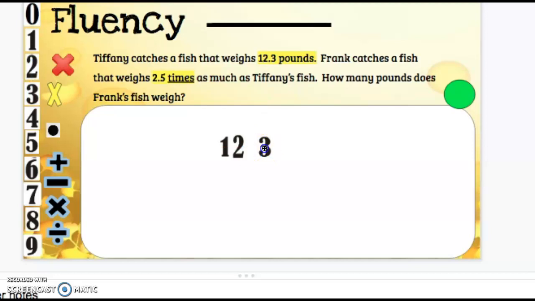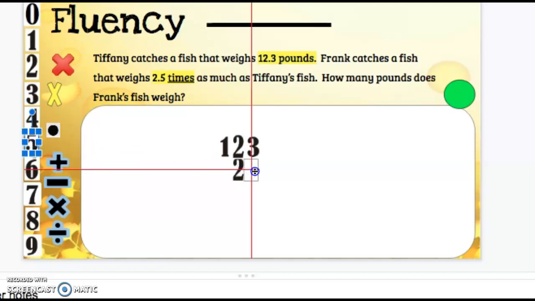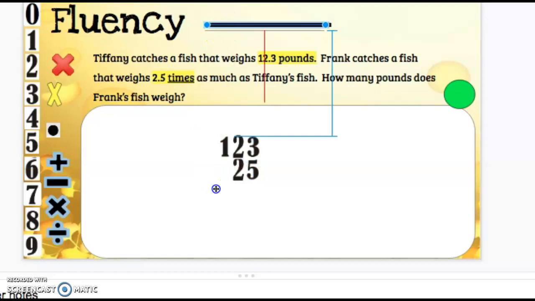Without the decimal point. See, even sometimes I have a brain moment. So you have 1, 2, 3, and then you're lining up the digits based off their place values as if they were whole numbers, so that 2 is in the tens, and the 5 is in the ones. And then I'm going to begin to multiply.